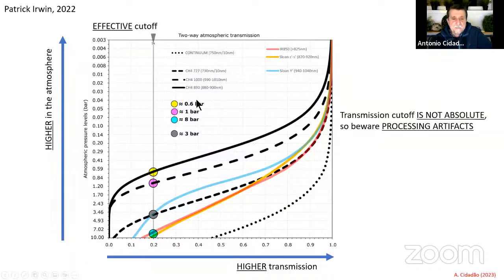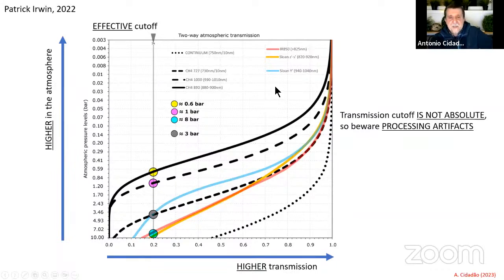Here you have various behaviors. The cutoffs at 0.6, at more or less 1 bar, more or less 3 bars, and the continuum and the continuum-like filters, which I referred to, that in the first approach can be used, which have cutoffs at about 8 bar, which are much lower than the true methane band filters.